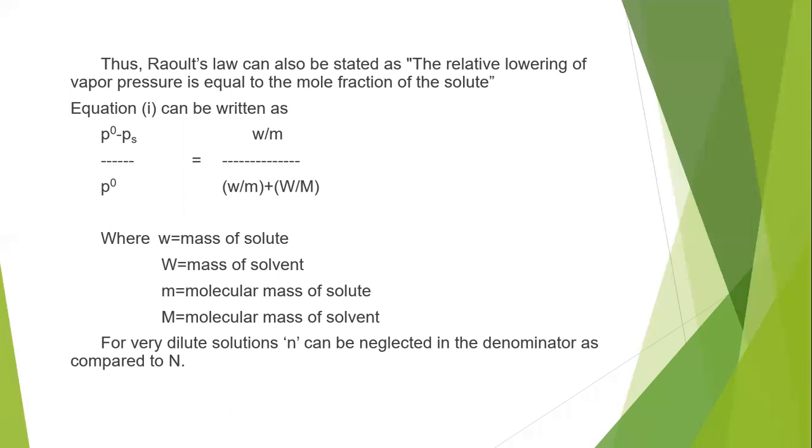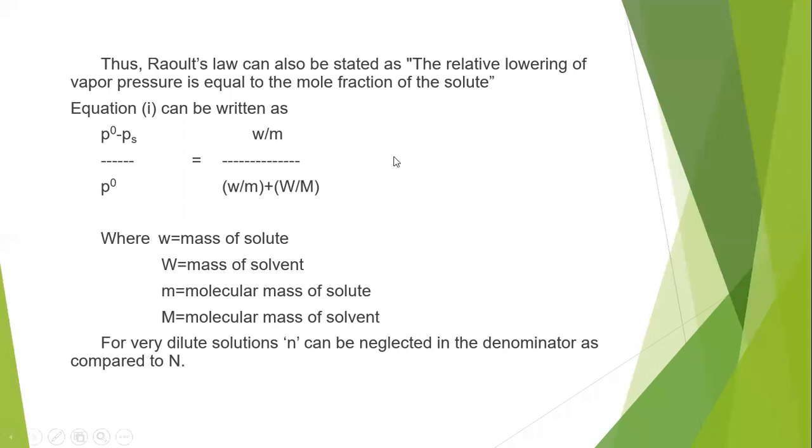If it is a very dilute solution, then small n, the number of moles of the solute, can be neglected compared to the number of moles of the solvent. So in the denominator we can leave out the small n value.